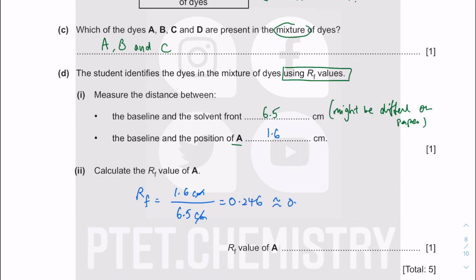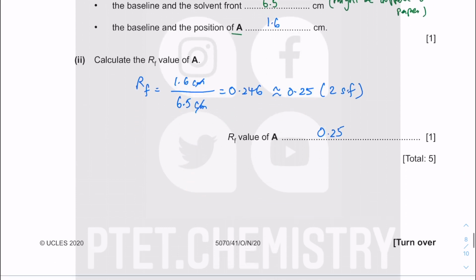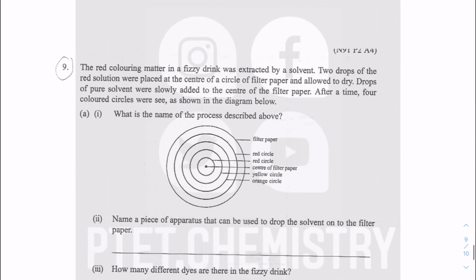I can round it to 0.25. That is two significant figures, because the data that I've used is 1 and 2 sig fig. So this is consistent with whatever data that we have used to calculate it. All right, significant figure is a lower secondary math kind of question.